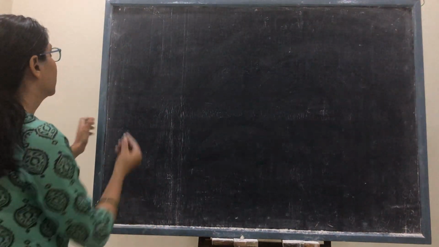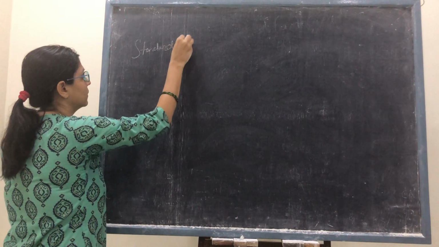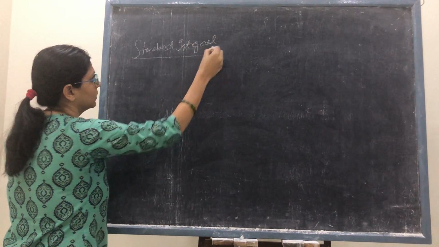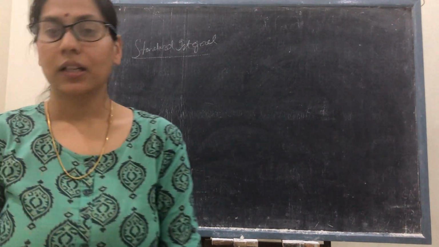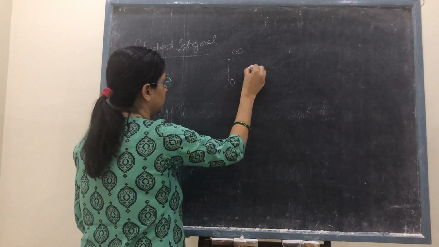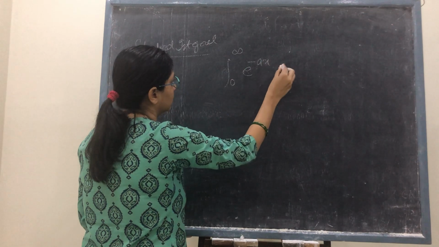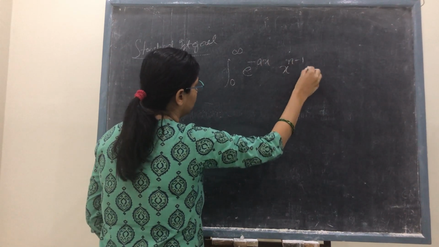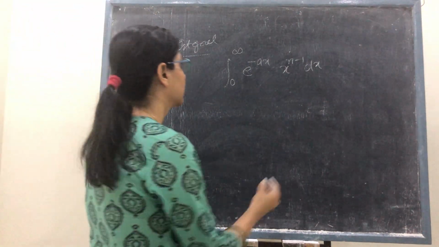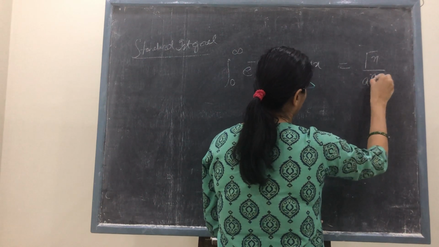Now, there is a standard integral. The standard integral says that 0 to infinity e raised to the power minus ax, x raised to the power n minus 1 dx is equal to gamma of n over a raised to the power n.